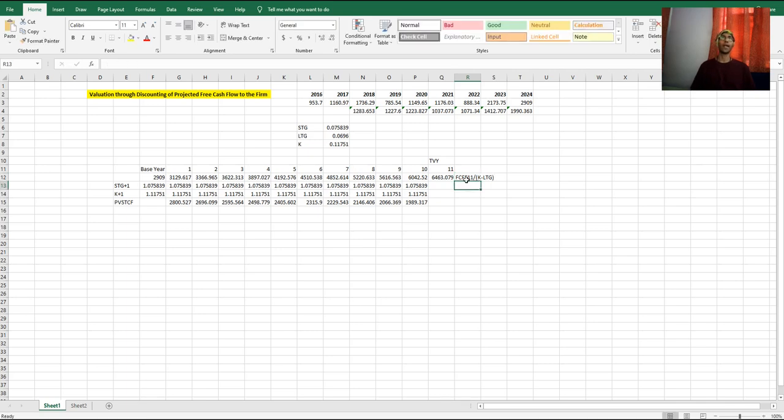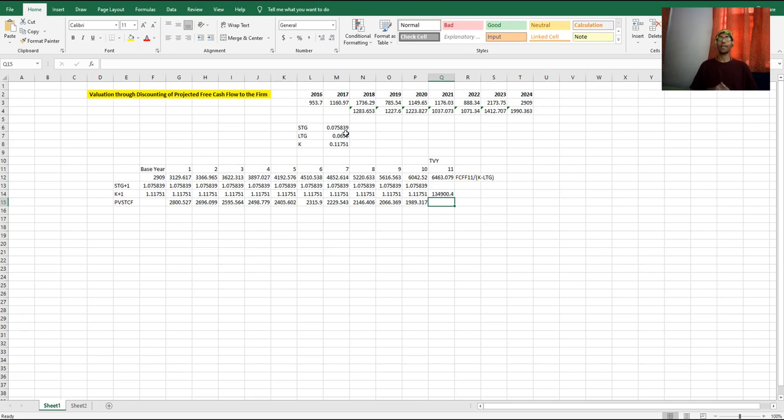This is the formula, right? So we can calculate it here. This is equal to 11th year free cash flow divided by cost of capital minus long-term growth rate. So we have our terminal value also.